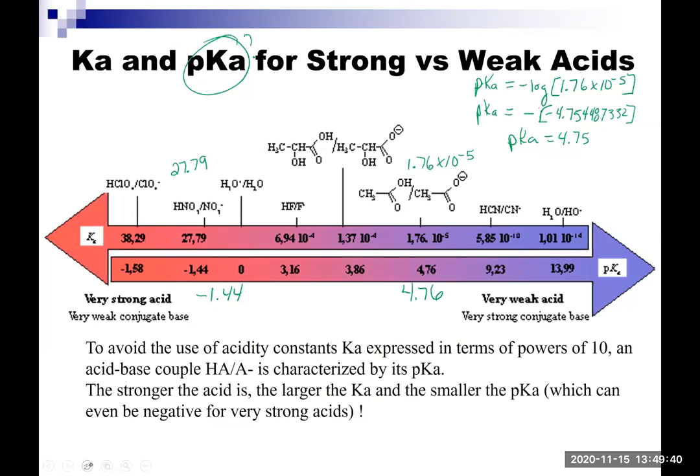Now, it's fairly easy to compare these two values. You can, without a doubt, determine that you have an increase in pKa as you go from nitric acid to acetic acid. So remember, we said that a strong acid is represented by a large Ka.